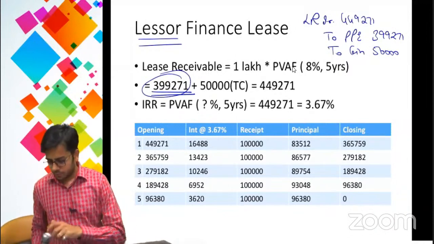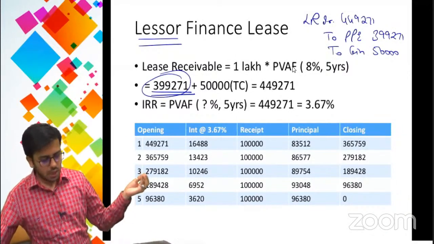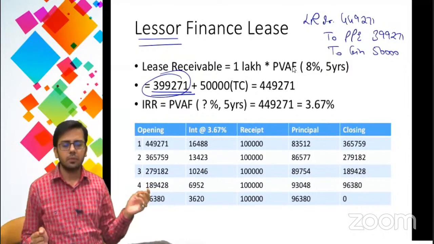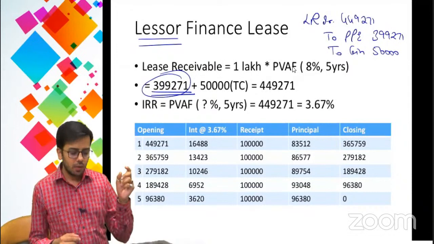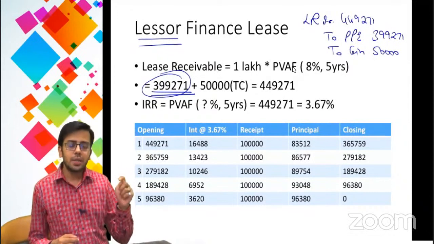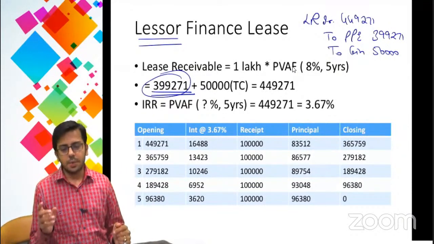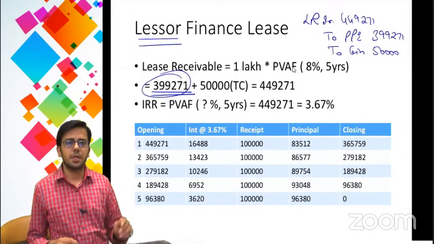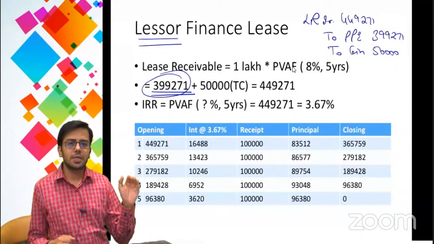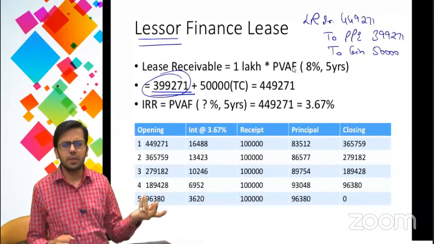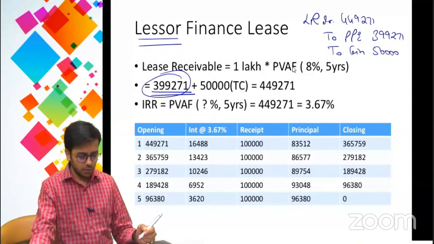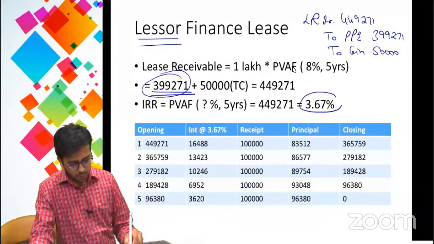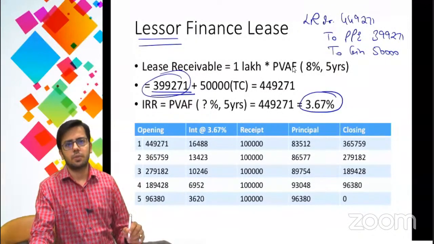So now, because of the addition of transaction cost to lease receivables, we have to recalculate the discount rate. We consider it as implicit rate, or you can consider it as IRR, internal rate of return. So IRR is what we are talking about over here, and that is determined to be 3.67%.